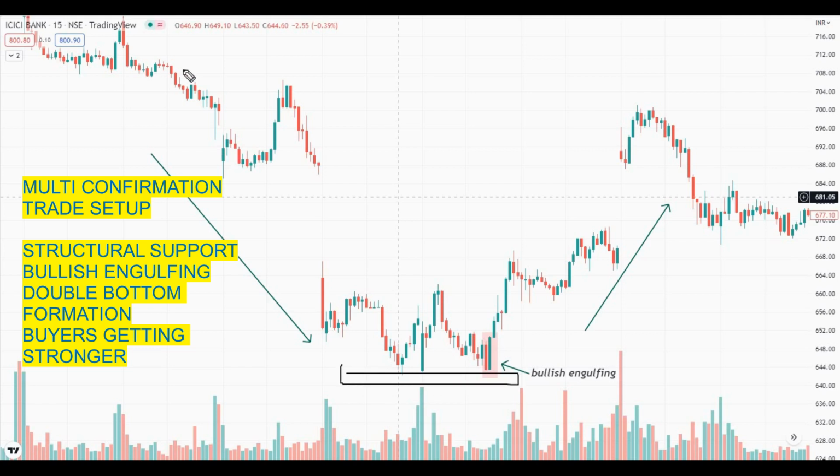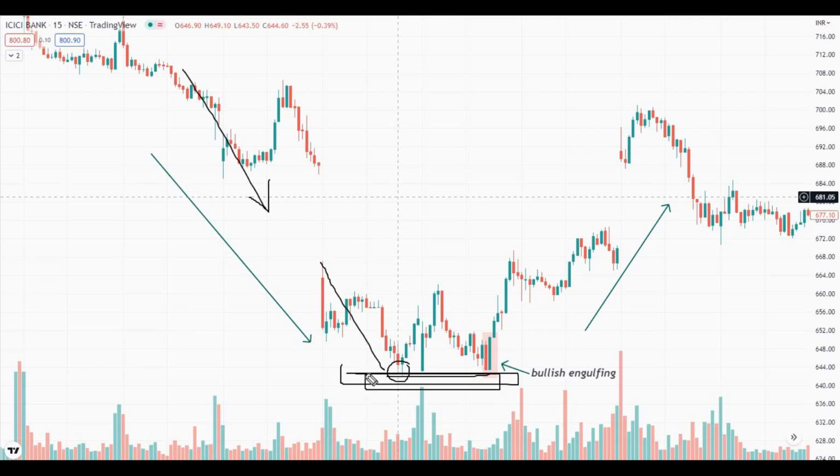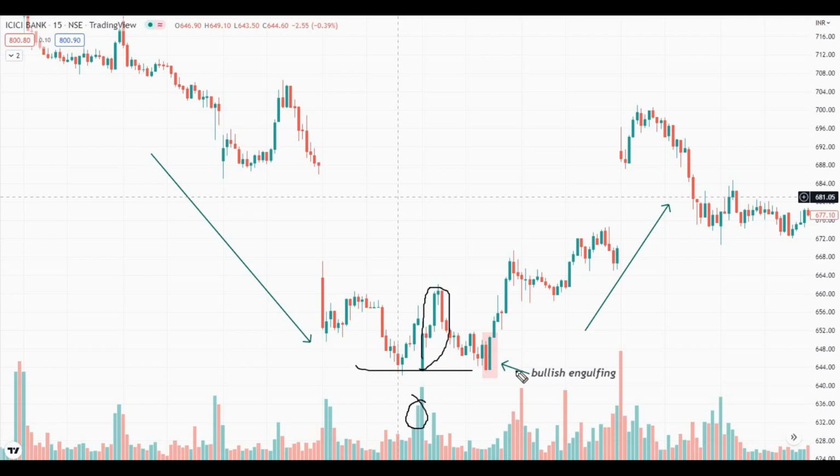See, prices were in a very strong downtrend, but after this swing low, prices couldn't make a lower low, which is an indication that bulls are taking control at these prices. That's why prices are not able to continue their downside momentum and buying pressure is getting stronger. See the volume at this price level.